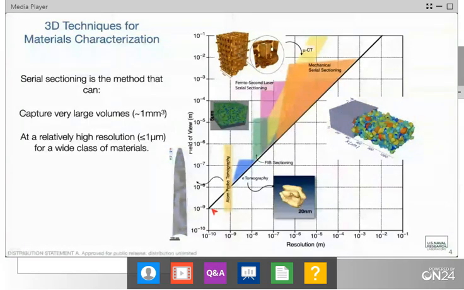There's FIB serial sectioning, if you're moving up length scales, where you can look at things on the micron level. And then as you move up, there's also femtosecond laser machining, which was really pioneered by Teresa Pollock at UCSB. That's another milling technique. And then at the larger scales, you have things like microtomography and mechanical serial sectioning.